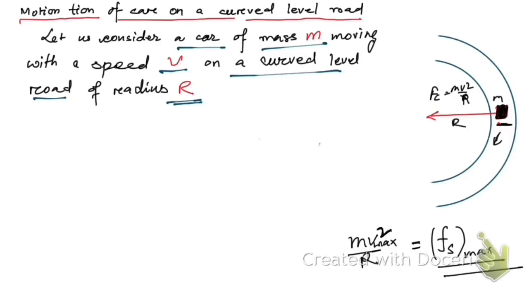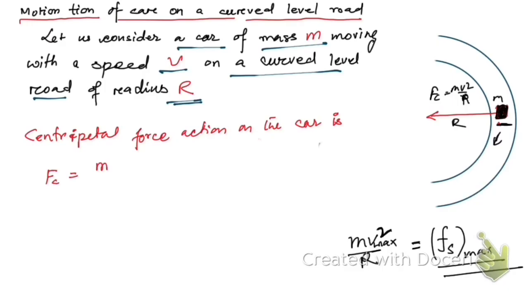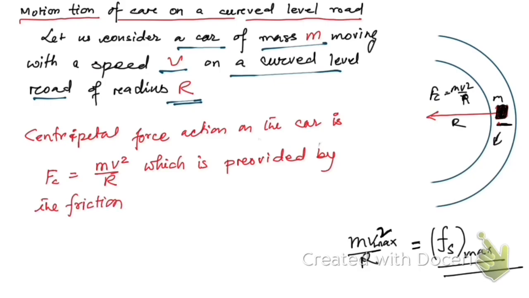Then centripetal force Fc is equal to mv square by r, which is provided by the friction between tires and road.